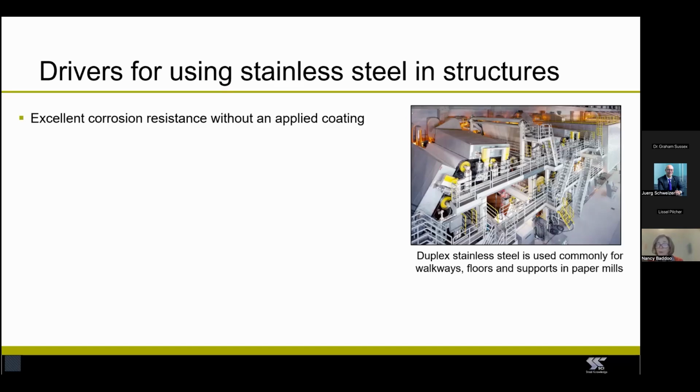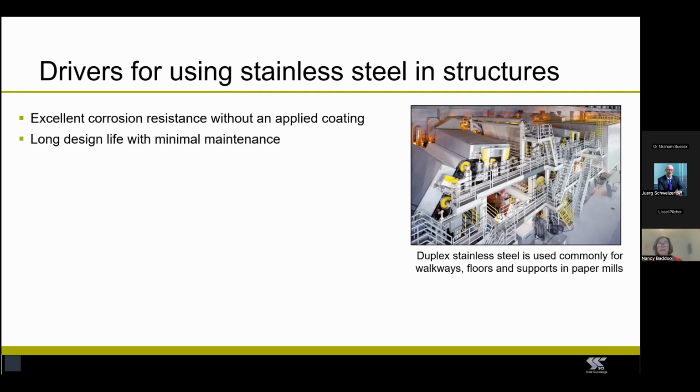So what applications, what industries do you think would benefit from this? Well, examples are the food and drink industry and the chemicals industry. Here it's of great benefit not to have an applied coating, which may need restoring or may fail and contaminate, say, the food and drink.